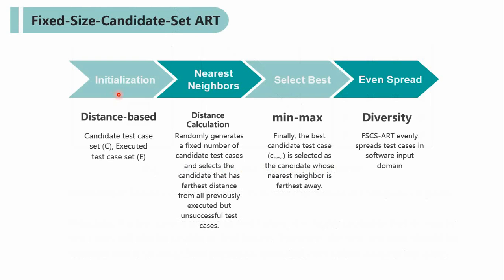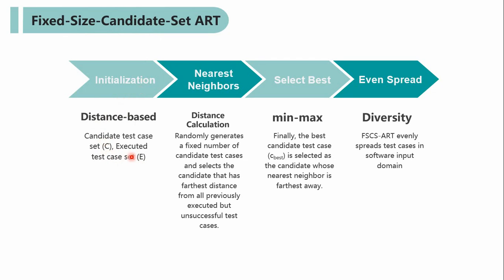So fixed size candidate set ART, FSCS ART, is a widely used, first proposed and simple to use ART technique that is a distance based technique, and it initializes its algorithm by making two test case sets, candidate test case set and executed test case set.